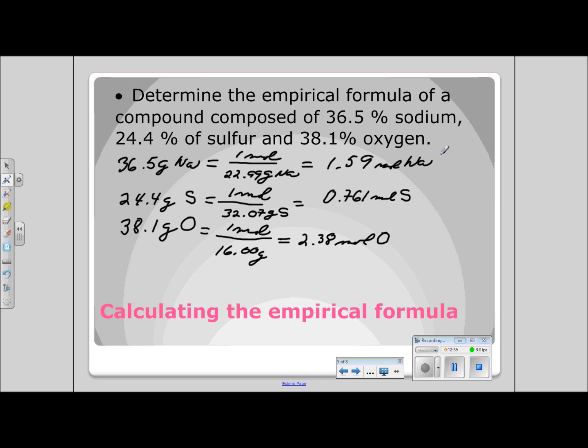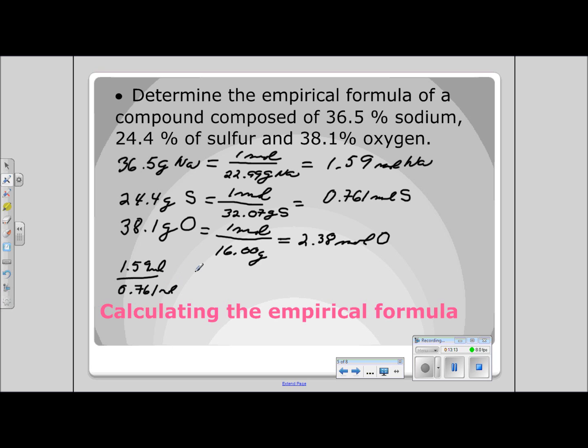Now, the next step is to find the ratios. This is our second step: we find the ratios by dividing each one of the moles by the smallest number. So we're going to say 1.59 moles divided by 0.761 moles.